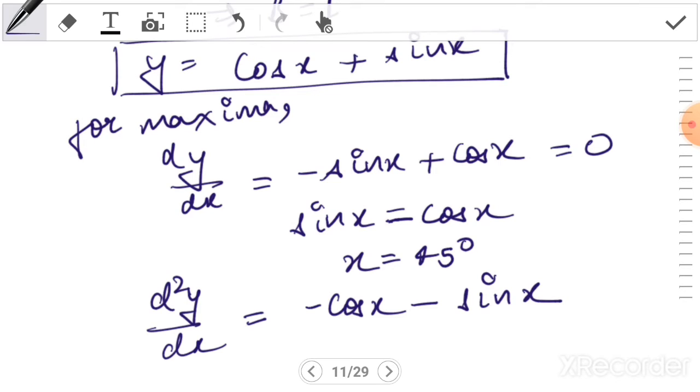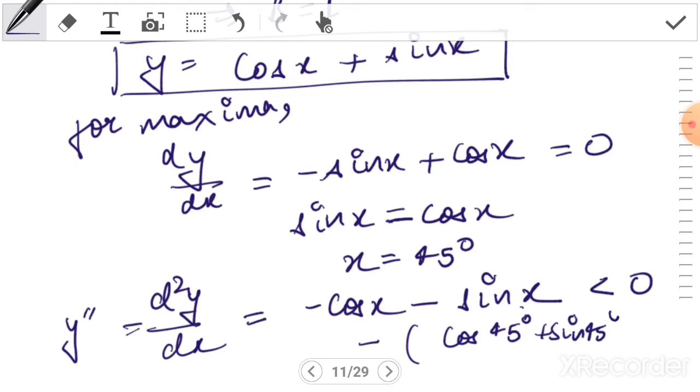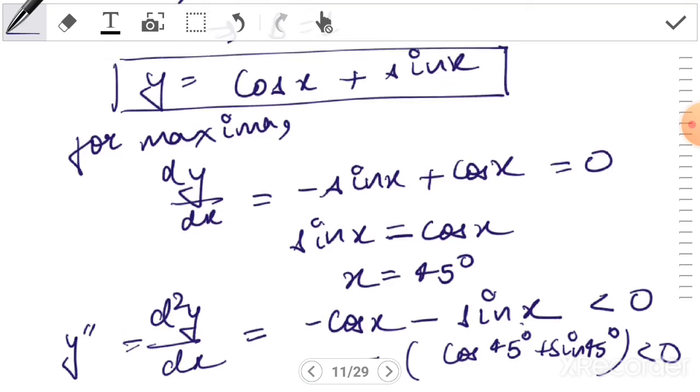Now at x is equal to 45, y double dash is less than 0, because if you write minus cos 45 plus sin 45, which is a negative value. So that means we have a maxima at 45 degree.